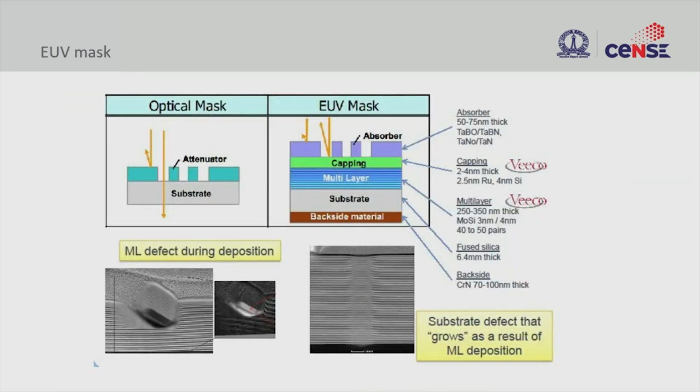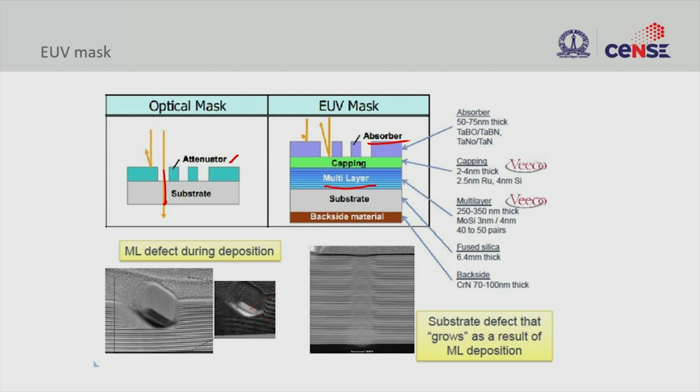And this is the mask technology. The regular optical mask uses an attenuator, let's say a chrome-like layer, and then you have a transparent layer where the light goes through. In an EUV or extreme UV mask, this is slightly different because here it is reflective. So you also have an absorber, but instead of transmission, you have multi-layer reflectors.